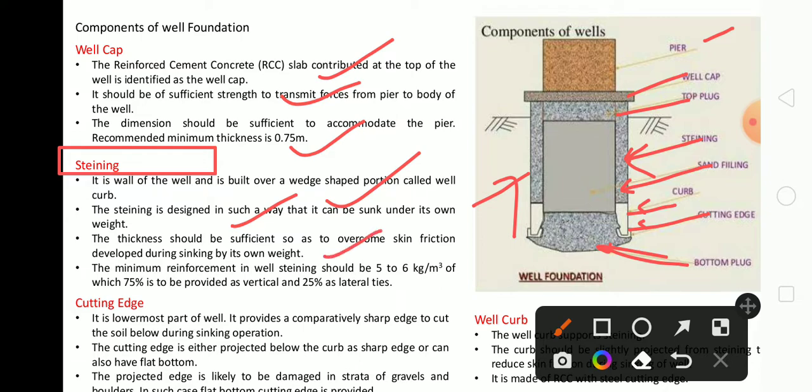The minimum reinforcement in well staining should be 5 to 6 kg per meter cube, of which 75% is provided vertical and 25% lateral.